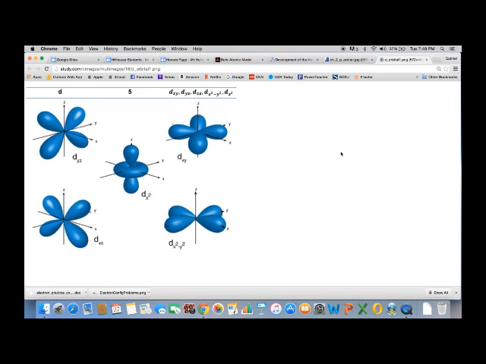That's why I think it's so cool looking. And then the dx squared minus y squared are the ones that are on the x and y axes. Again, these are just areas of probability where electrons may lie at any point in time in those orbitals. So within that dx squared minus y squared, if it's full, there are 2 electrons somewhere in those clouds.